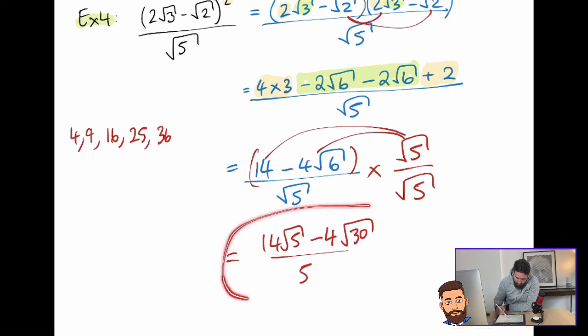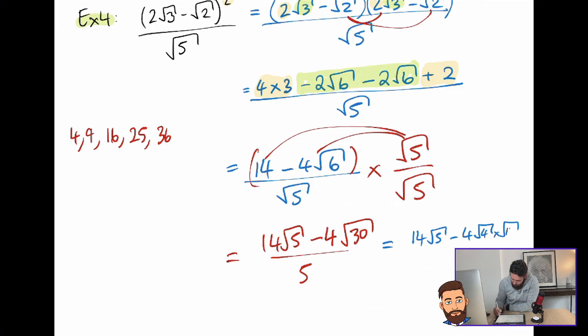So we could leave our answer like this, or we could get it down even more if we wanted to. So if we just looked at the steps involved to simplify it again, we could say that we've got 14 root 5 minus 4 times 2 surds, where one is 4 and the other is 15, because 4 times 15... No.